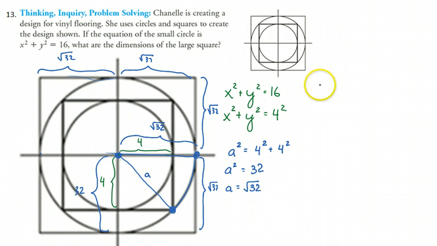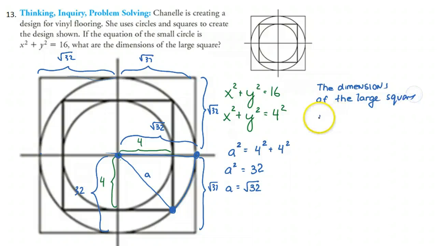So the dimensions of the large square: the side length is root 32 plus root 32.